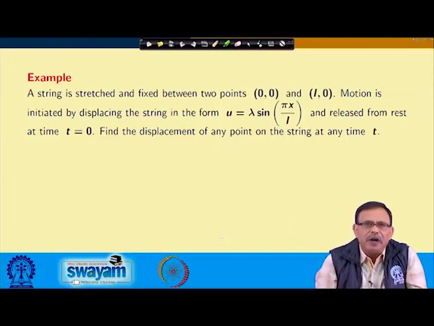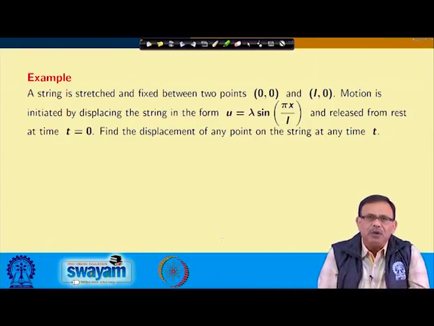So, basically you have to find the displacement, that is u x t, at any point of time. If you see here, your string is stretched between two fixed points 0, 0 and L, 0. Also, it has been told that motion is initiated by displacing the string in the form u equals lambda sin pi x by L and released from rest at time t equals 0.